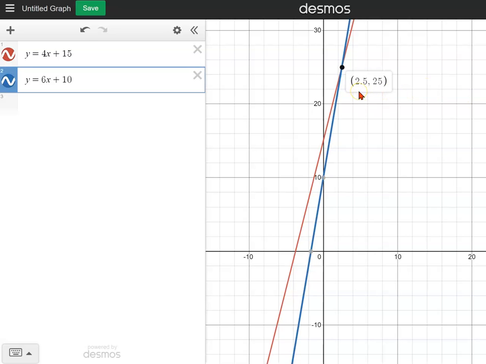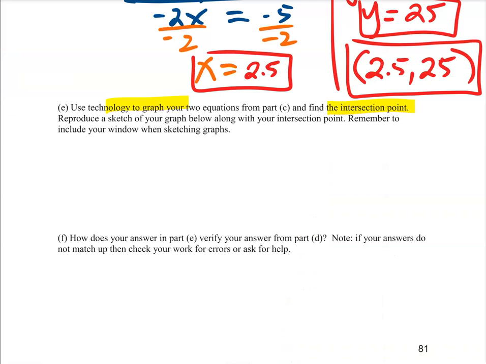So we got 2.5 and 25. That's exactly the same thing when we solve systems of equations. Again, back to our notes, and I showed you with Desmos that they intersect at 2.5 and 25. So we solve it algebraically, and we use Desmos, and they get the same point of intersection.